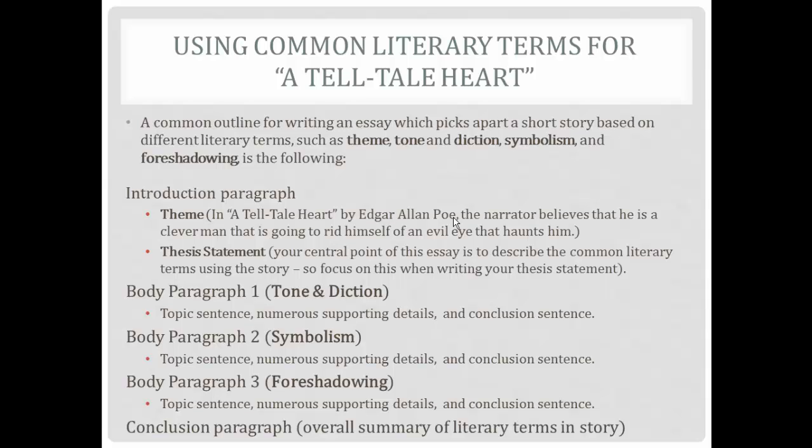Who are your characters? How are they feeling? What are they expressing? And the diction is the words that they use. How are the words that they are using backing up that tone seen throughout that short story? So you have your topic sentence. Your topic sentence should basically tell the reader that you're talking about tone and diction in this entire paragraph.